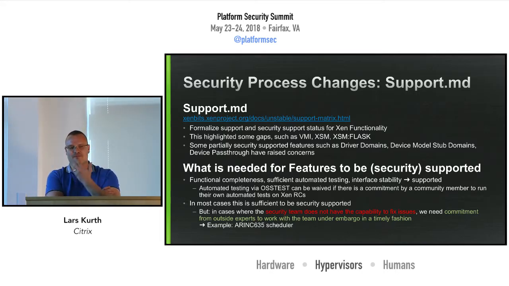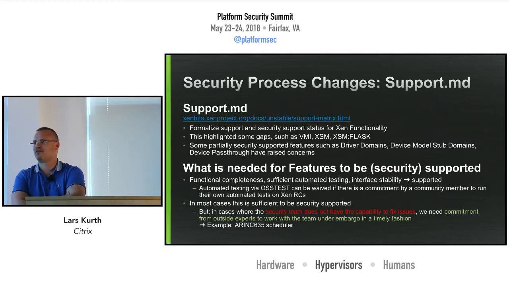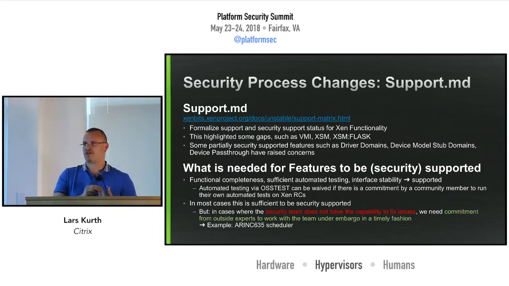And that threw up some areas which are maybe not as well security supported as some of our users expect. It comes back to the question, what needs to be in place for features to actually be declared as supported, i.e. good enough for everyone to be used, and for it to be security supported.